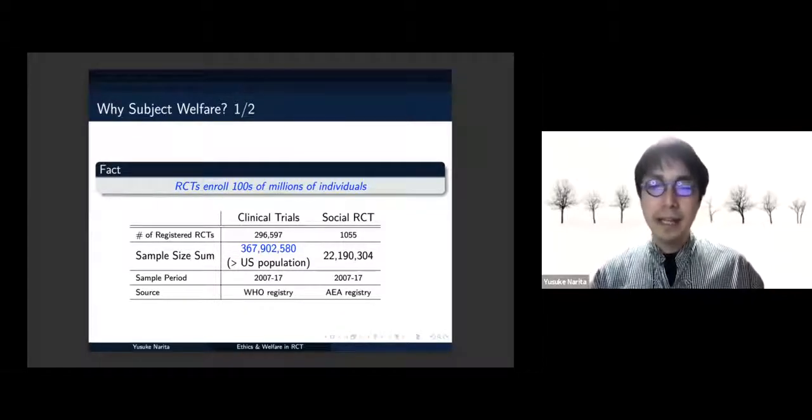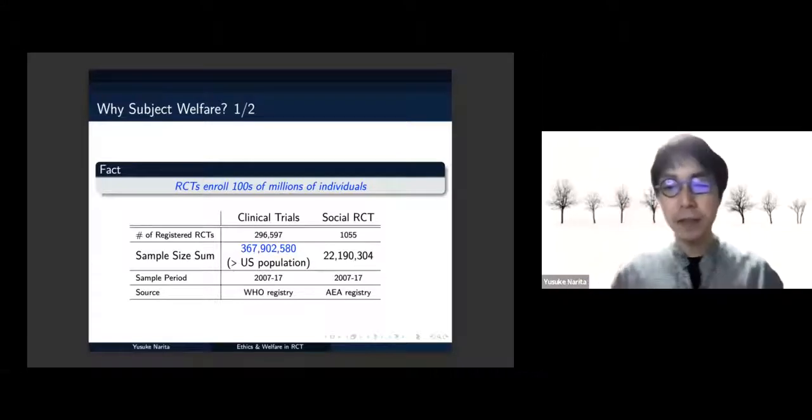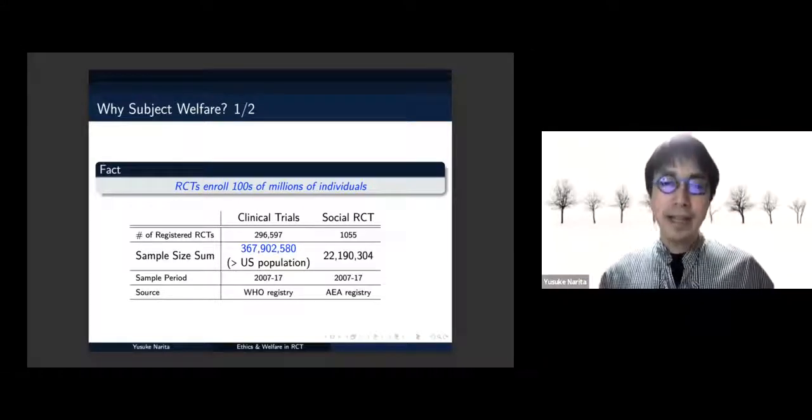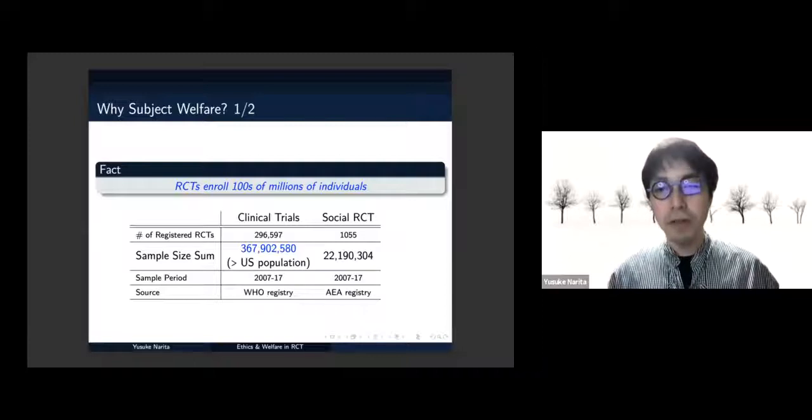I did the same computation for social and economic RCTs as well, based on the AEA's registry. The number turns out to be an order of magnitude smaller, but still more than 22 million individuals and households participated in economic experiments.